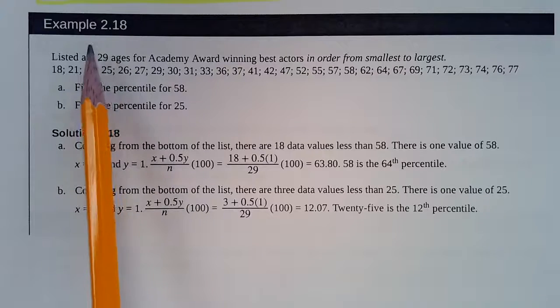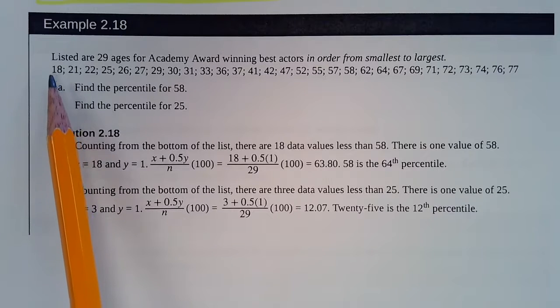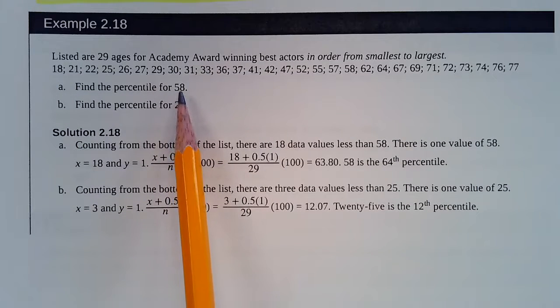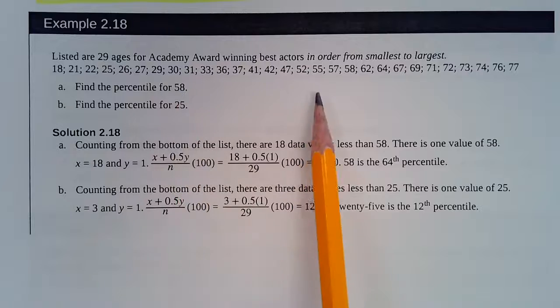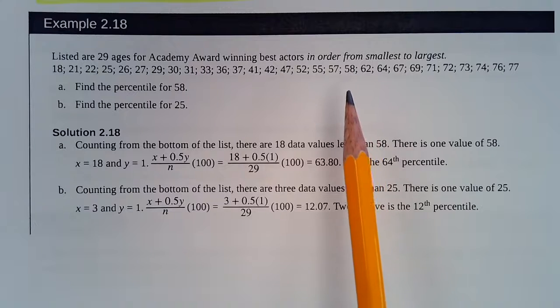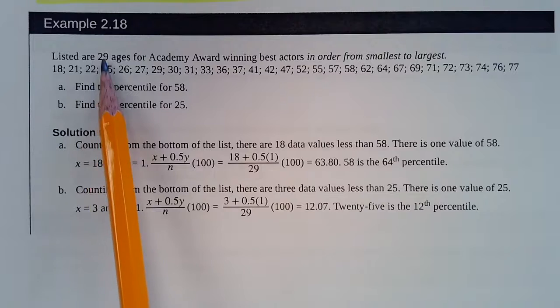All right, example 2.18, going back to the Academy Awards and their ages. Our list is still in order from smallest to largest, and we're looking for the percentile for the age of 58. First we look at how many numbers we have, that's our n, and we have 29.